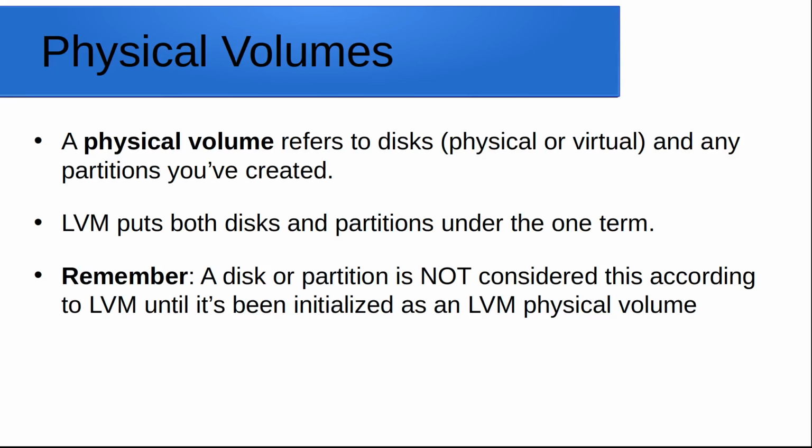So physical volumes refer to disks, any disks that are physical or virtual, and any partitions that you've created. LVM classifies disks and partitions under a single term, but keep in mind that a disk or a partition isn't considered anything according to LVM until it's been initialized as an LVM physical volume.